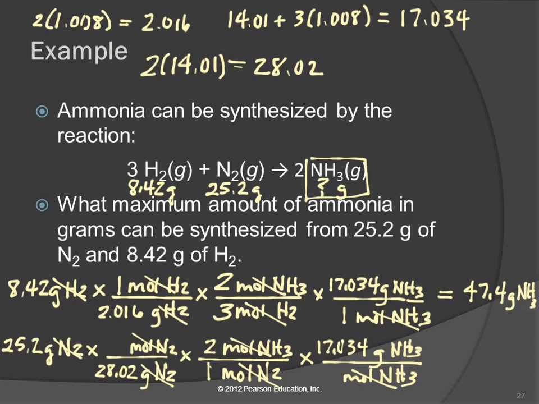25.2 divided by 28.02 times 2 times 17.034 equals 30.6 grams of ammonia.